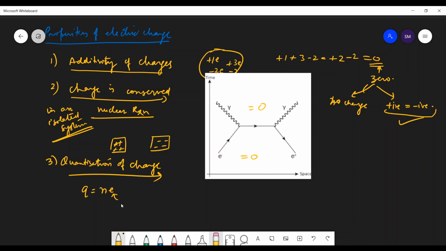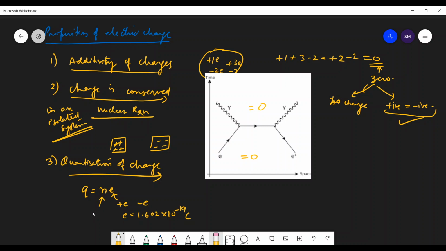This fundamental charge is the charge of electron or proton. For proton it is plus e, for the electron it is minus e, and this e equals 1.602 into 10 to the power minus 19 coulomb. So plus e on the proton and minus e on the electron.